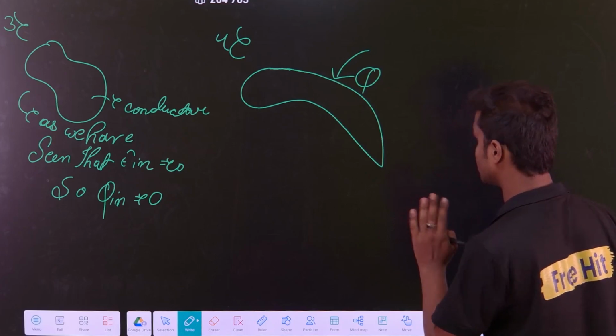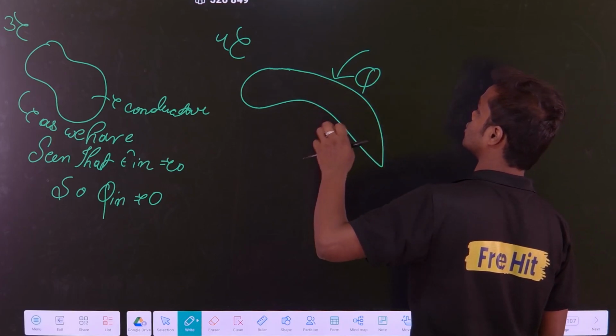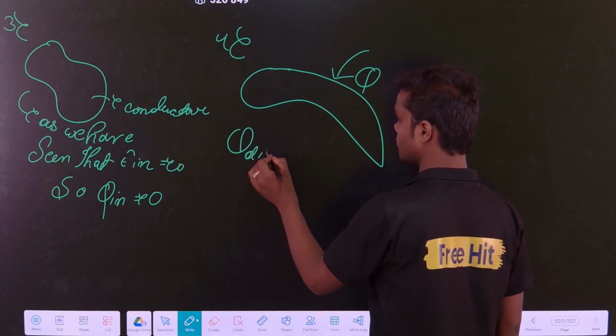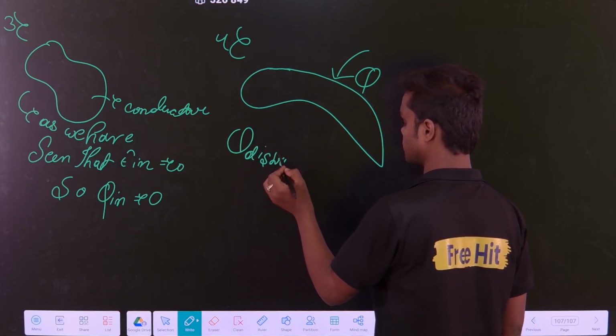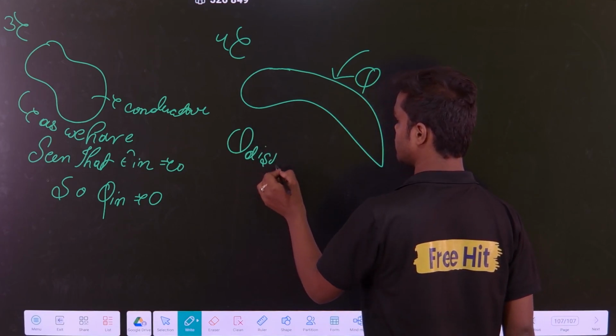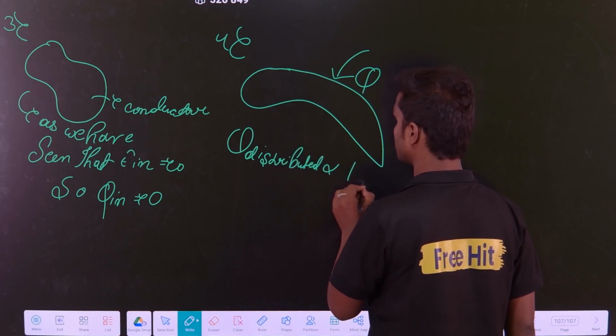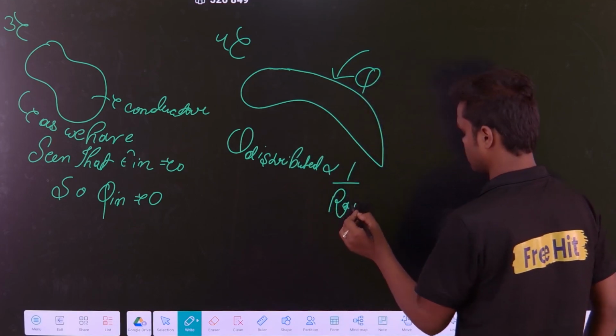Second thing, where the charge will distribute more. Remember that the charge distributed is inversely proportional to the radius of curvature.